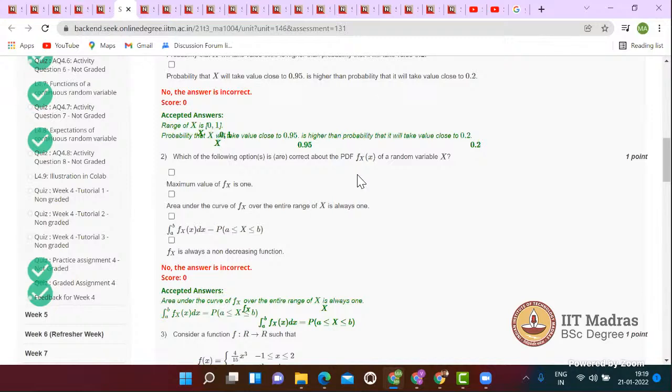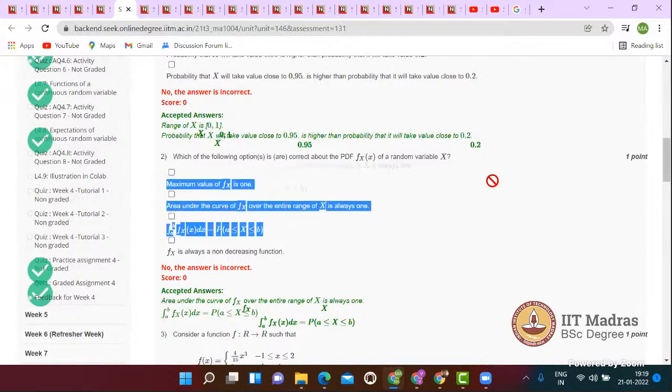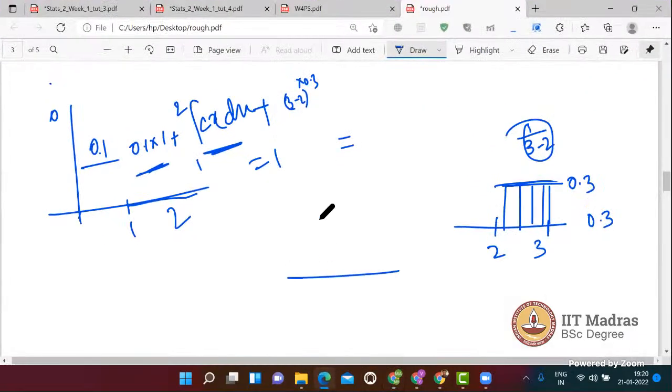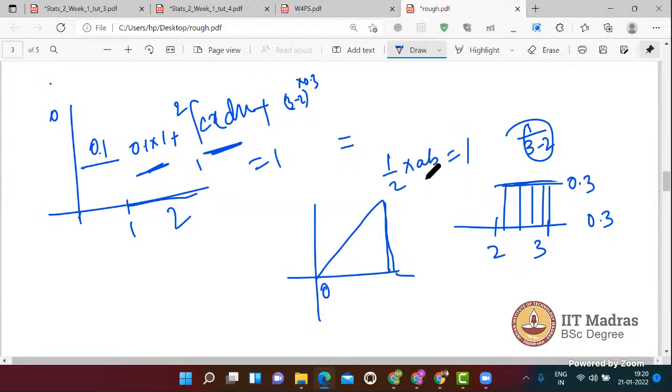So if you have some triangular function that is increasing, the area can come out right, since we can adjust the values. Half into A times B equals 1, so we can adjust one as 1 and the other as 2.